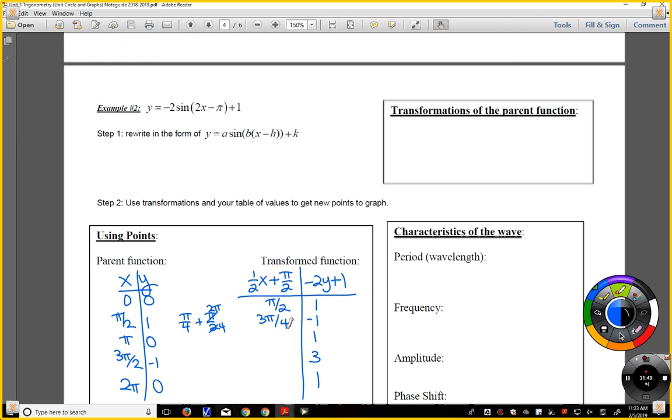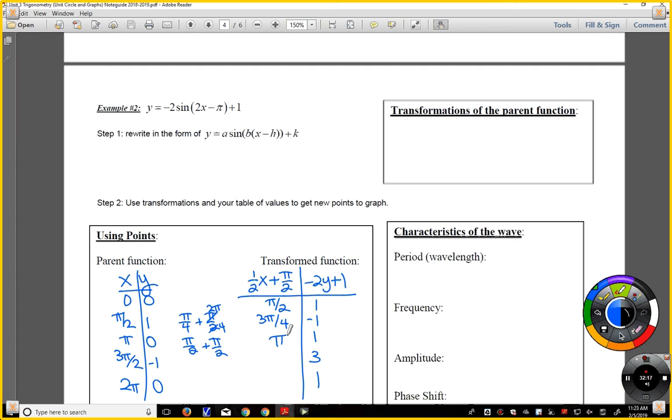So then when I do pi times 1/2 is pi over 2, and then I'm supposed to add pi over 2 to this. So pi over 2 plus pi over 2 will be 2 pi over 2, which reduces to pi. So I know that's a little weird. You plugged in pi, you did a bunch of stuff to it, ended up back at pi. Remember, this is a compression and a shift. So basically your point at pi got compressed over, but then it got shifted back over, and it ended up back at pi.